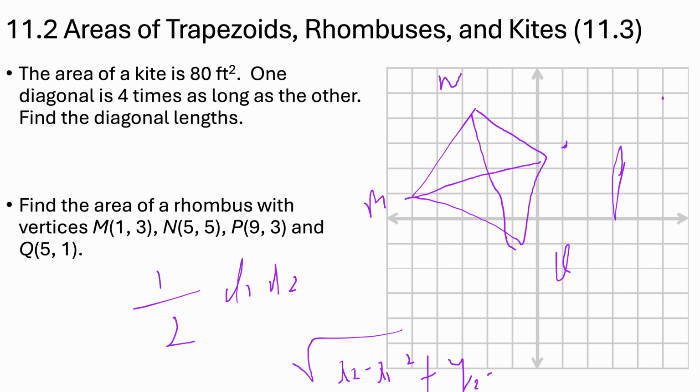With this you will find d1, and similarly you find d2 also, and then you can apply this formula. So you have to find the diagonals and then solve the equation.